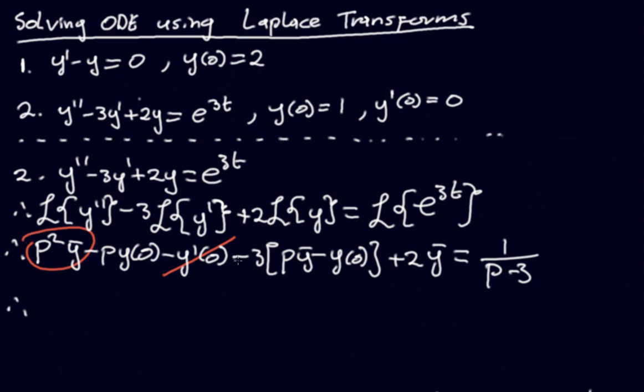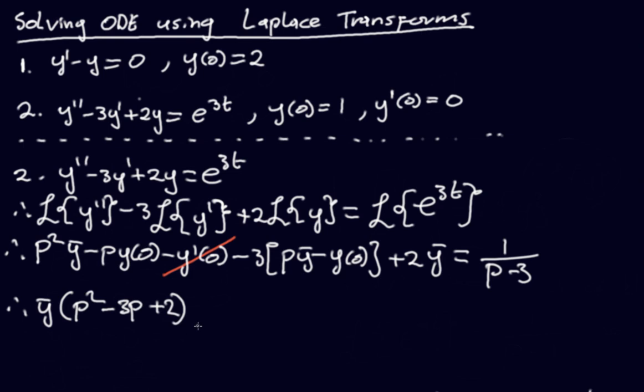There's a y bar here, y bar also here. Just put all of these ones together. So therefore what we get, y bar is common in these terms, p squared minus 3p plus a 2.